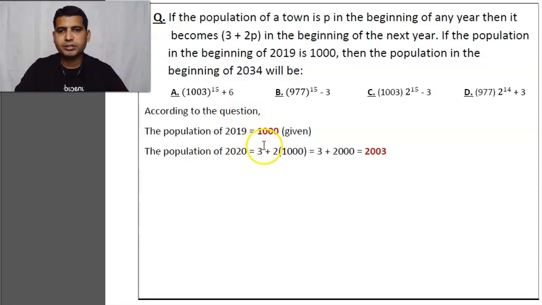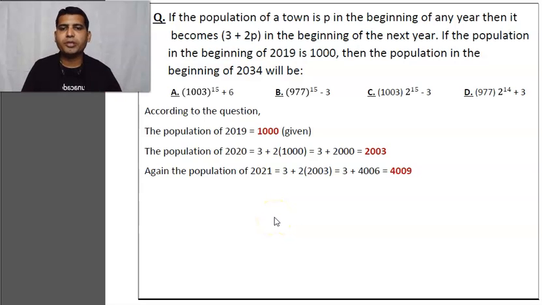So I hope this is clear to you all. Now, likewise, if I talk about the population of year 2021, what will happen? Again, I will get the population in the format of 3 plus 2P, where P will be the population of year 2020, the previous year of 2021.